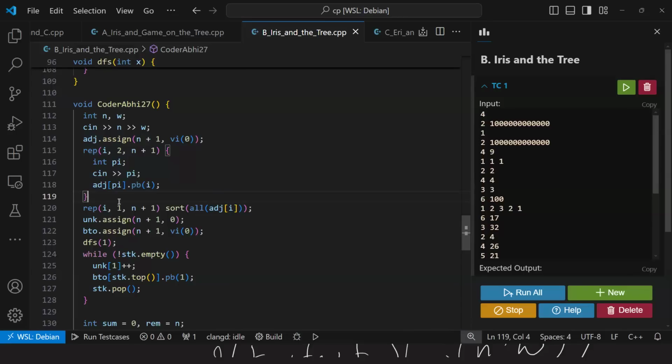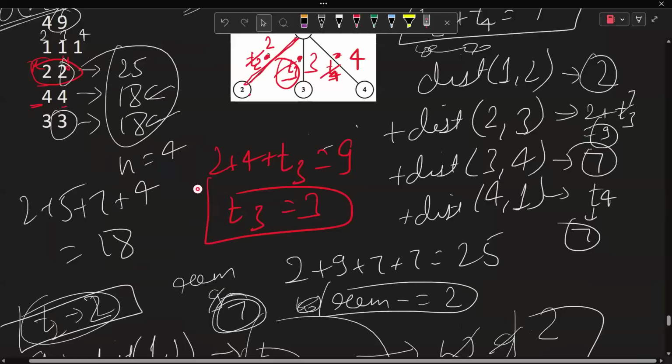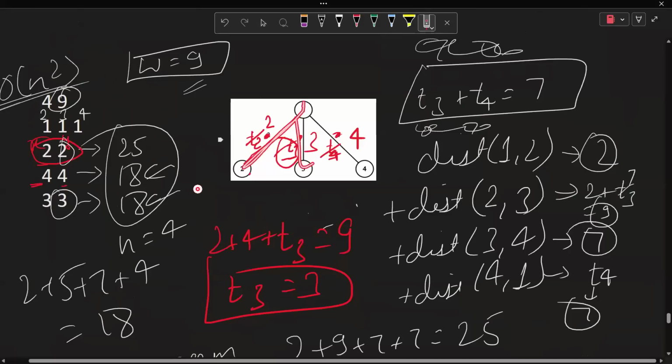Now I need to move in the order of consecutive values. Basically, I am already given that this tree is such that your DFS pre-order traversal would give you 1, 2, 3, 4. But maybe you may move from 1 to 3 and then to 2. That would not give me 1, 2, 3, 4. So you would have to move in the sorted order. That's why for 1, I would always move to the lowest value first among its edges. You can move to 2 or to 3 or to 4, anyone, but if you move in the sorted order, then you would always have 1, 2, 3, 4 like this.